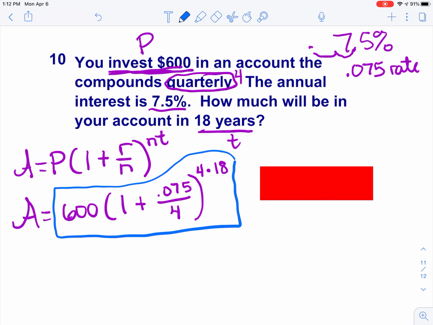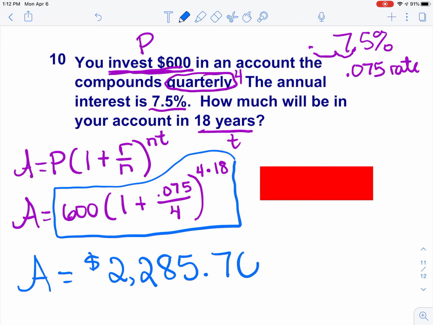Don't do bits and parts of it. Put it all in at one time. And you will have $2,285.70 in your account in 18 years. Okay, again, 2 decimal places.